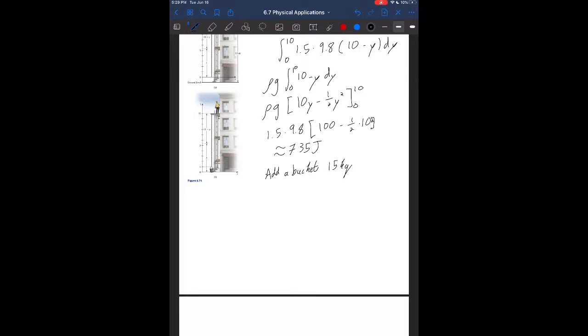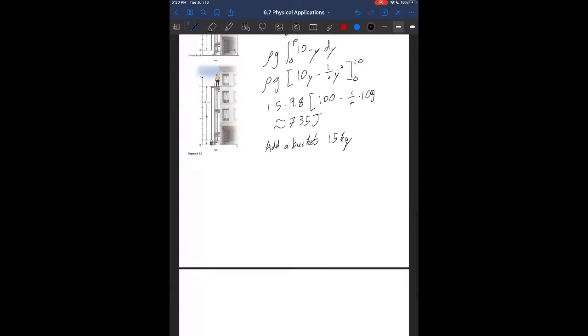Now, what's really nice about this is that this bucket isn't going to be decreasing in weight as we go up, right? So it's going to have this constant amount of work that it needs in order to lift things up. So in particular, we have work is equal to m times g times y, where y is the distance lifted.